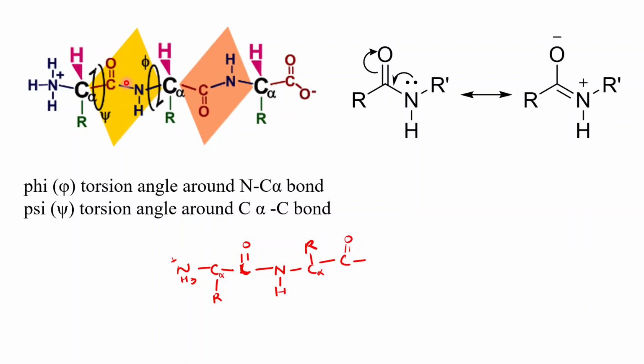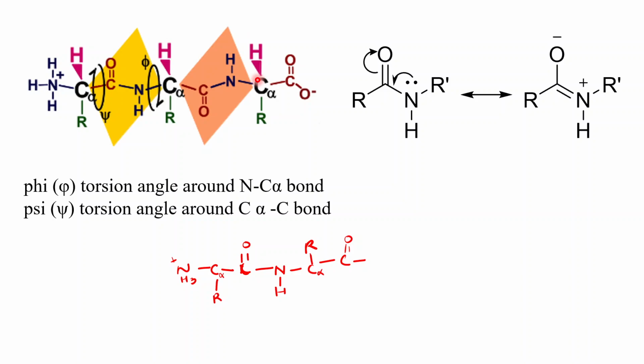It can rotate, but it is kind of rigid. It has some hindrance, and it cannot rotate very freely along its axis. All the other bonds are single bonds, so they can rotate on their axis.